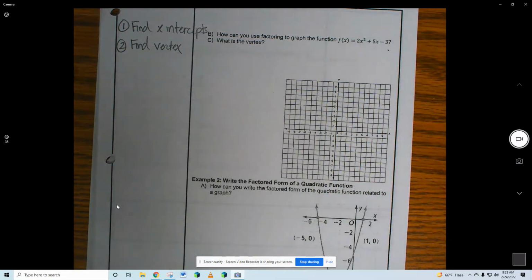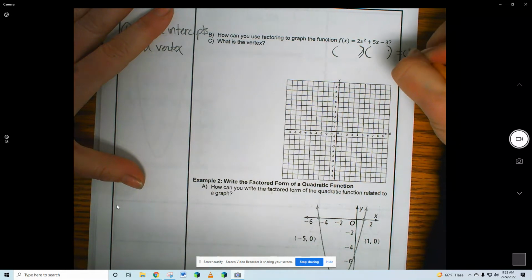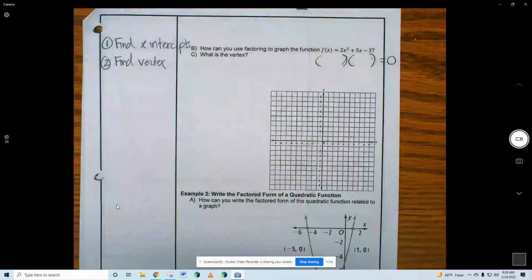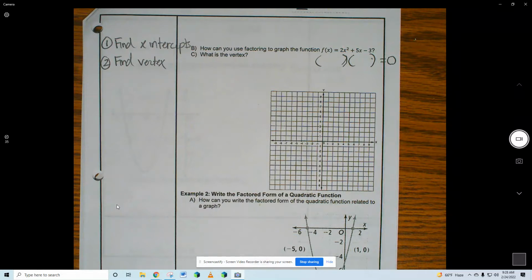All right. So let's practice factoring it. If it starts with 2x squared, what are the first numbers in my parentheses?